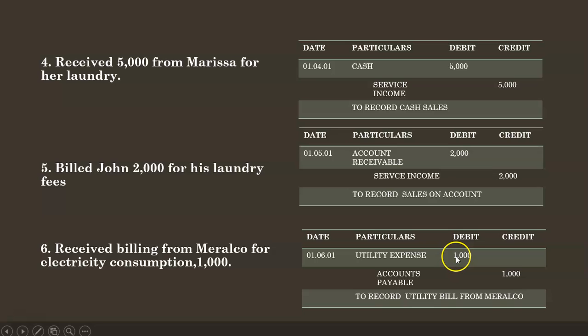So utility expense 1,000, accounts payable 1,000 pesos. Again, because only billing. We receive only the billing. We don't pay yet. Okay? So, again, we will explain this transaction to record utility bill from Meralco.